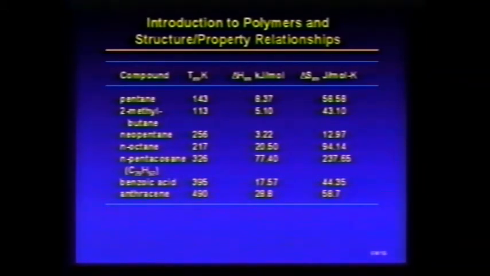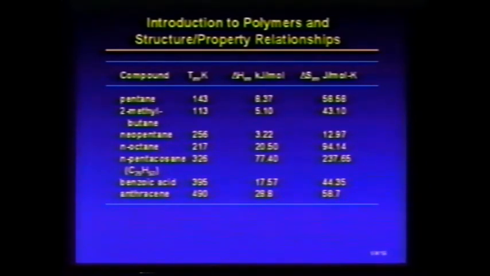However, if you look at the data, in fact, the delta H of melting is actually smaller than N-octane. The reason for the high melting point of benzoic acid is the small entropy of melting compared to N-octane. Why is that? Well, the forces are so strong between carboxylic acid residues that dimers, in fact, persist in molten benzoic acid, severely reducing the entropy.